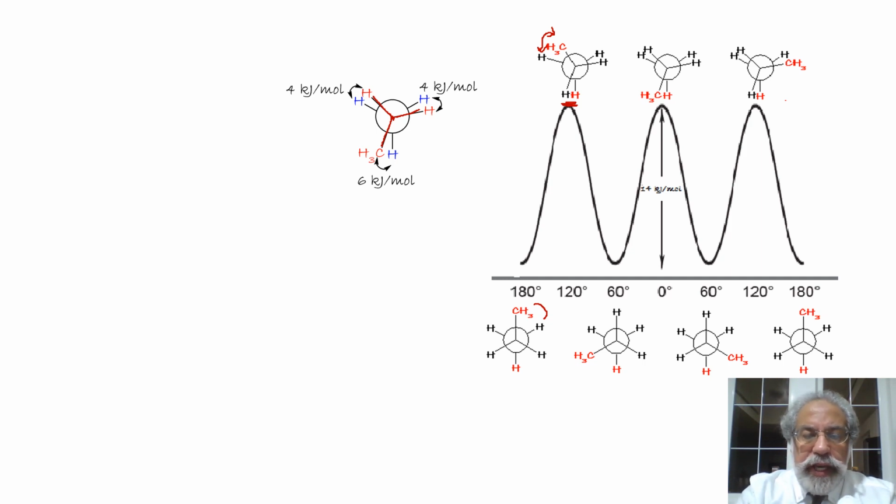We rotate once again 60 degrees, the CH3 again will be between 2 hydrogens at 60 degrees and stable once again. 60 degrees will go back to higher energy, where the CH3 and the hydrogen will repel each other, and going again, CH3 will go back to stable.